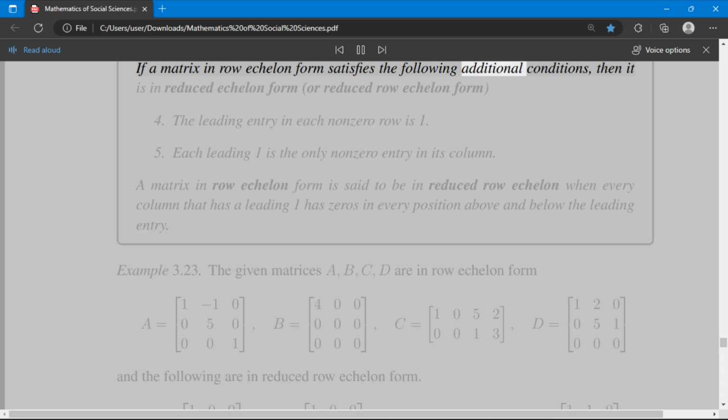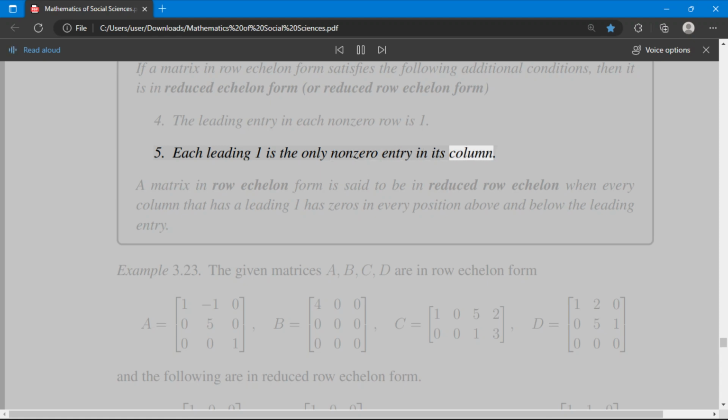If a matrix in row echelon form satisfies the following additional conditions, then it is in reduced echelon form, or reduced row echelon form. 4. The leading entry in each non-zero row is 1. 5.